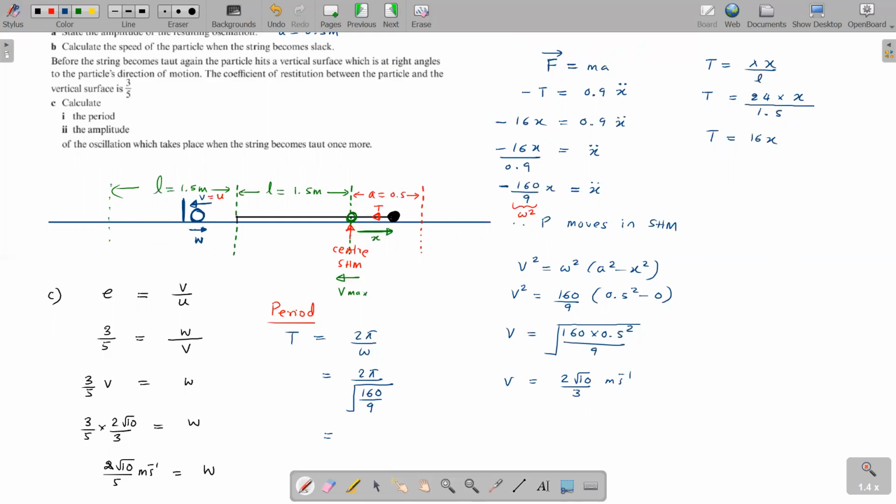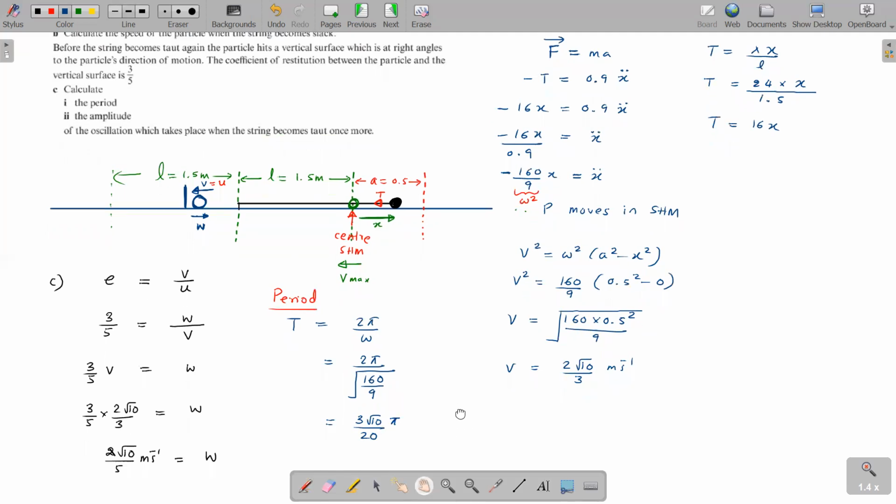First we'll get the decimal answer. Type this in the calculator without the pi, because if you type the pi in, you'll get a decimal. So 2 divided by root 160 over 9 gives you 3 root 10 over 20, and you add the pi on your own. So that's the periodic time.